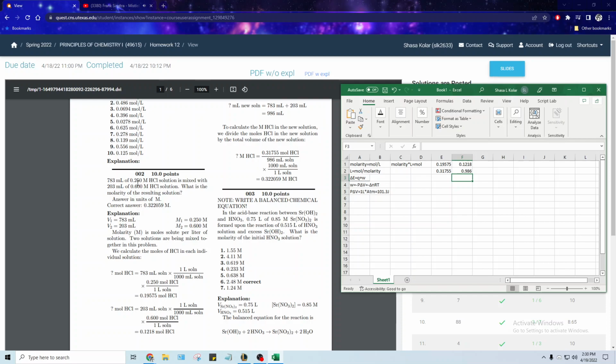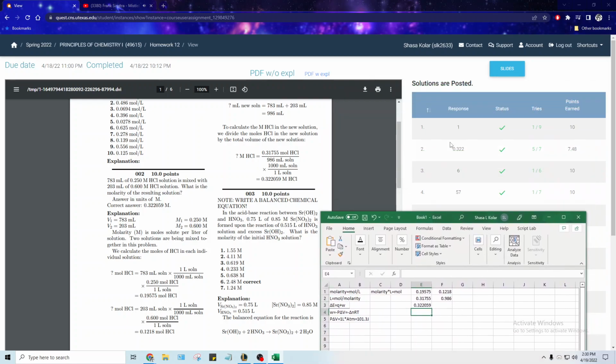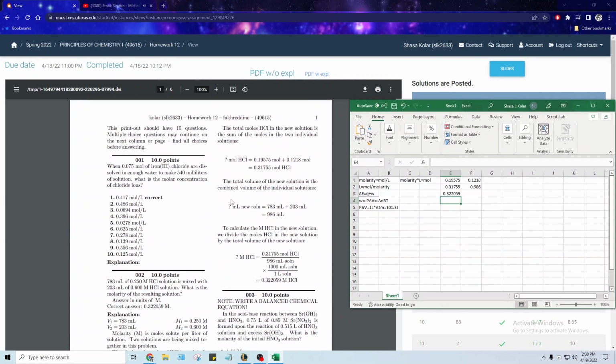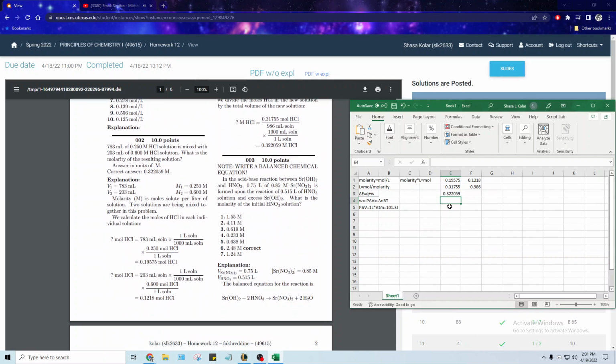But the number of moles is not just these two molarities added together. We have to find out how many moles is in each of these first. So we did that. So now all we have to do is divide this by this, and we get our new molarity. Divided by this. And we get our final molarity of 0.322. Remember, your numbers might be different, but if you do the same equations, you'll get the right answer.